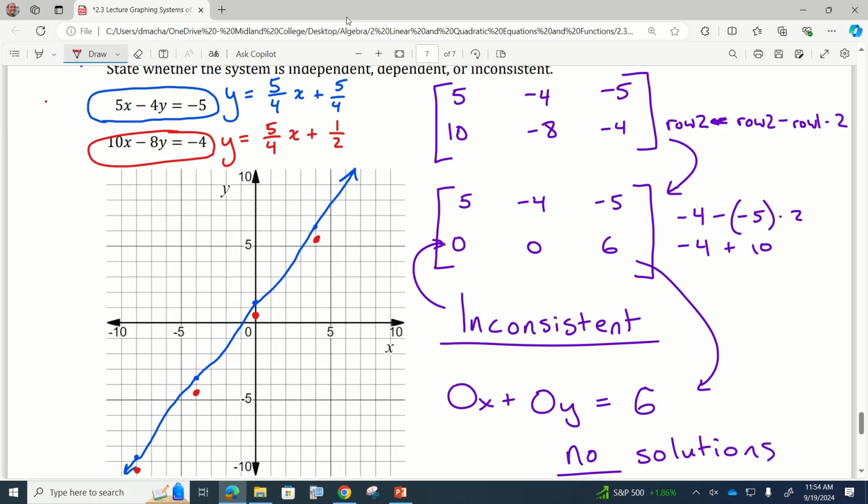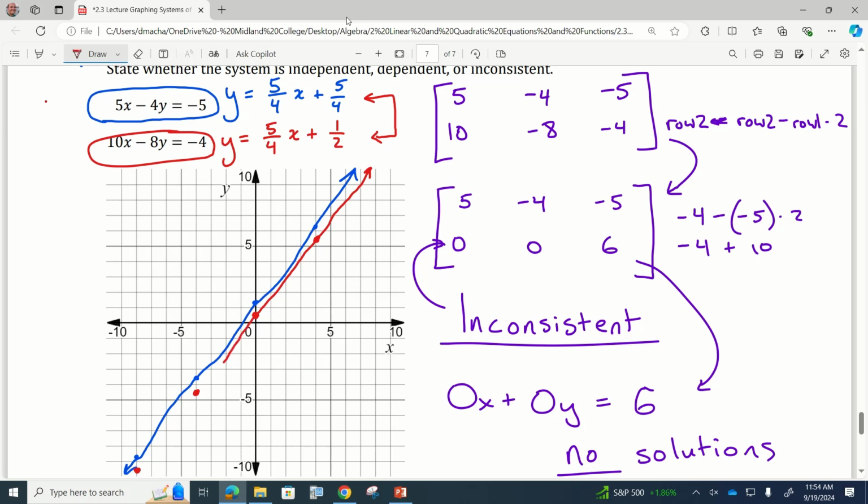And again, maybe you notice that these lines have the same slope, but they have a different y-intercept. So they're going to have the same slope everywhere I look. The difference is that the red line is just a little bit lower than the blue line.